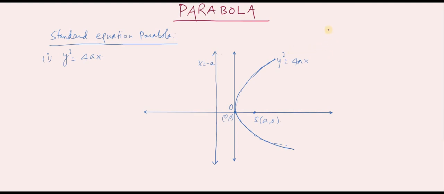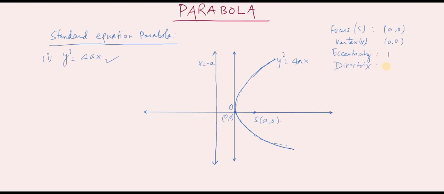Its focus, which is generally denoted by letter S, is (a, 0). Its vertex V is obviously the origin, (0, 0). Eccentricity of every parabola is 1, obviously.